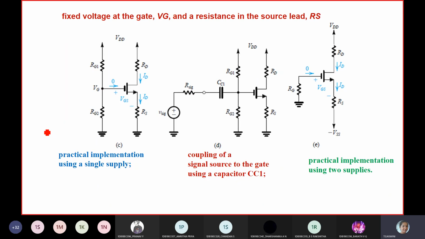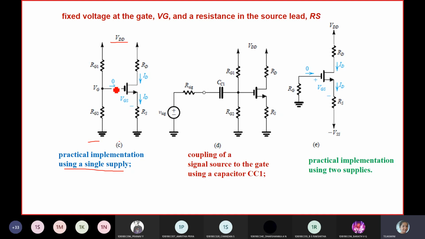Now, these are the practical implementations. Suppose if you want to use biasing for MOSFET, you're going to use these techniques. Here, this is the normal voltage divider one. So, practical implementation using single supply. We are using only single supply VDD. RG1, RG2 are connected in a voltage divider fashion.